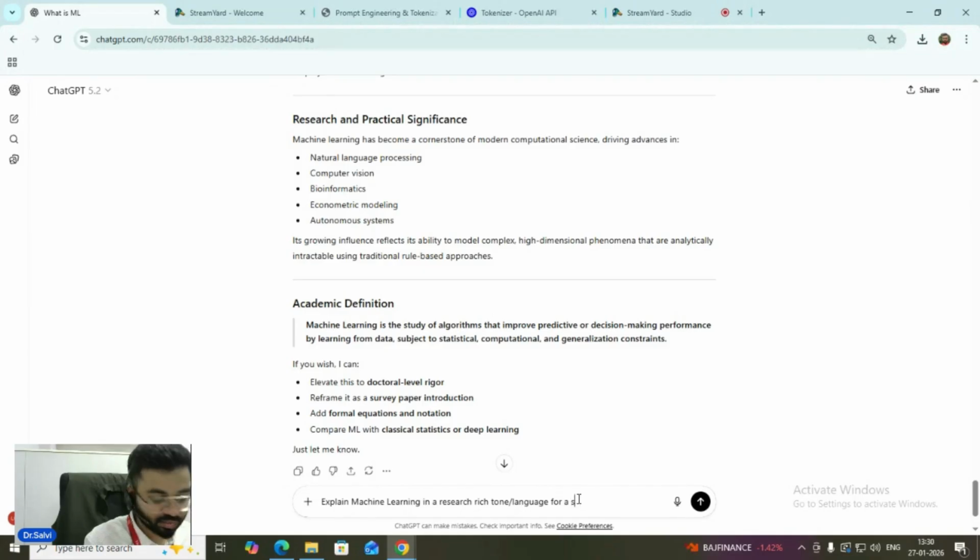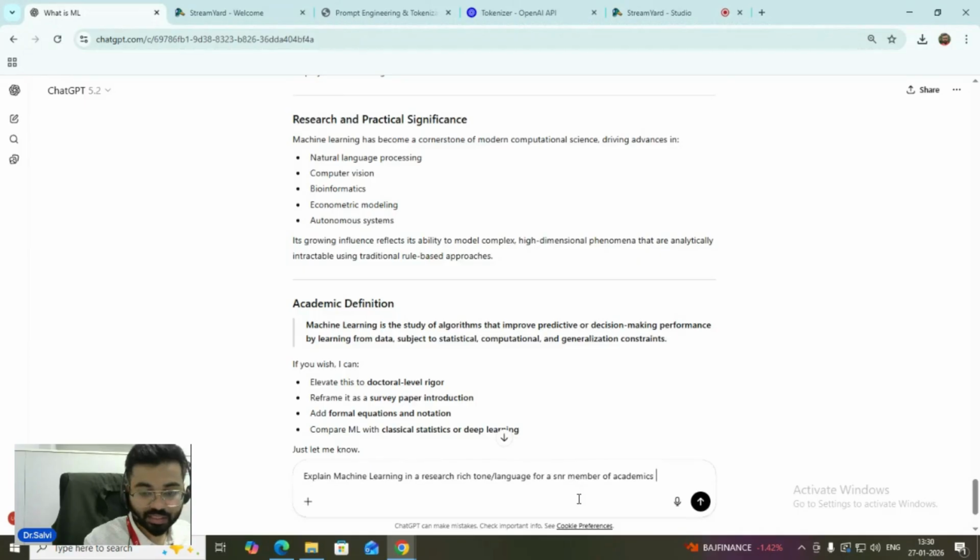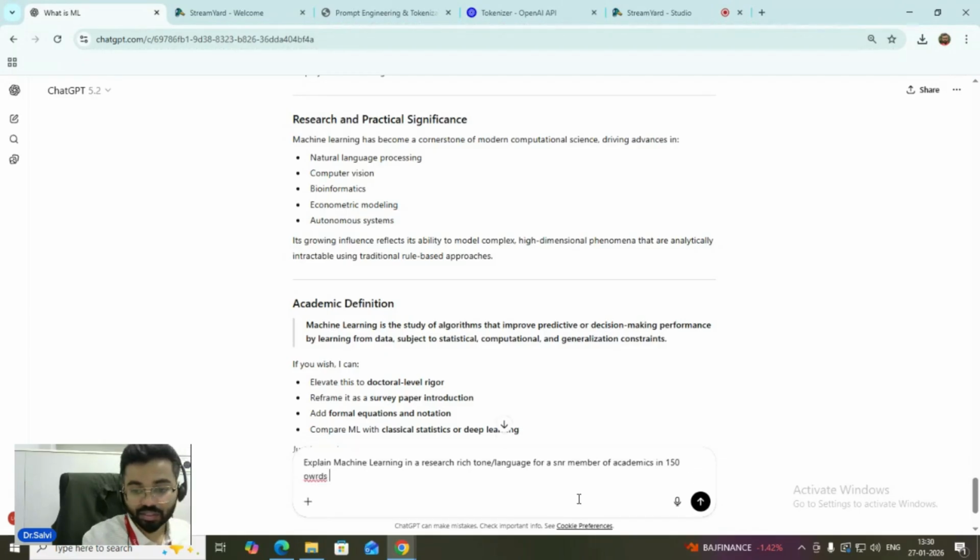a senior member of academics, let us say, I'm just not trying to split and add everything together, so we have a rich tone of language for a senior member of academics in 150 words, right?